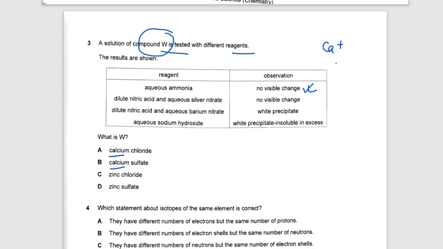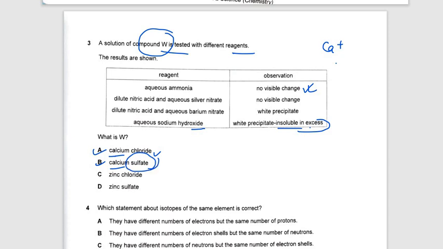Then they are saying that when you put dilute nitric acid and aqueous barium nitrate, you'll see a white precipitate. When you put aqueous sodium hydroxide, they show a white precipitate. It means it is your calcium, which is insoluble in excess. Now A or B. After that you have to figure out whether it is sulfate or chloride.